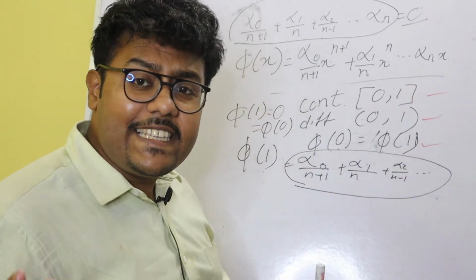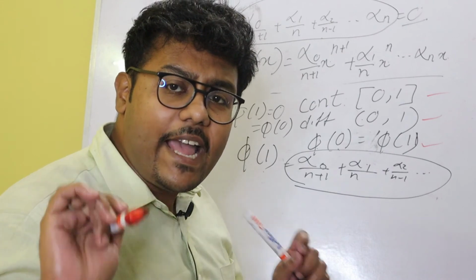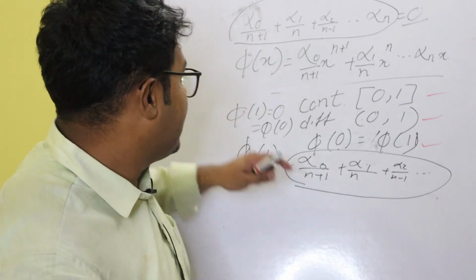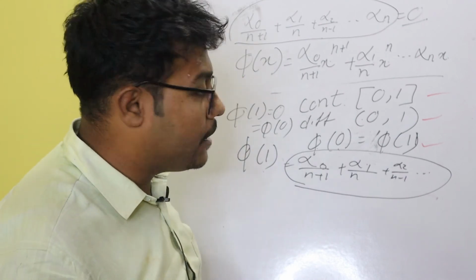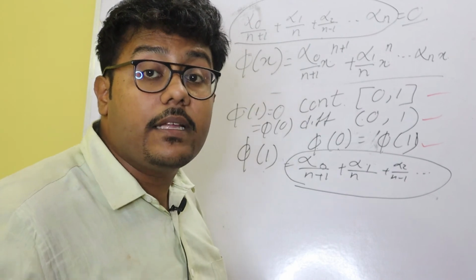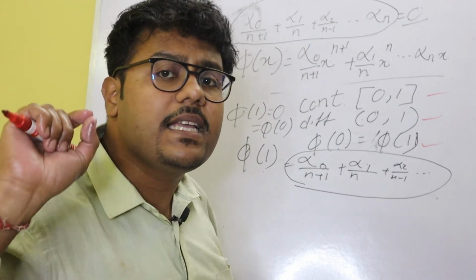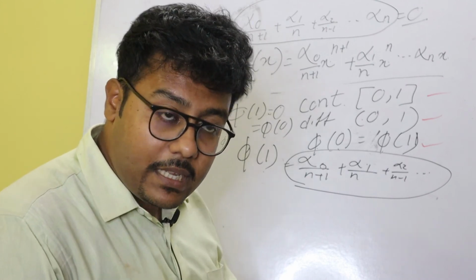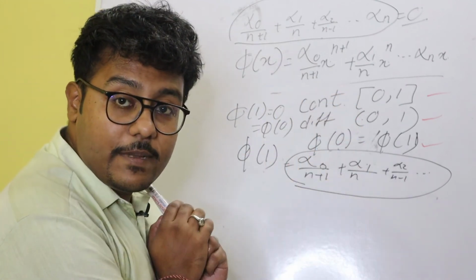So we can say that there will be a value of x within 0 and 1 for which this phi of x function will be differentiable, and at that point phi dash of x will be 0, right? We can do this by Rolle's theorem. The three conditions of Rolle's theorem are satisfied.